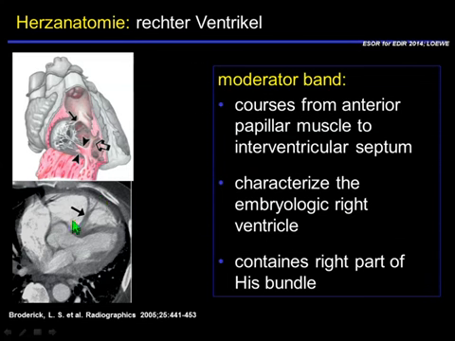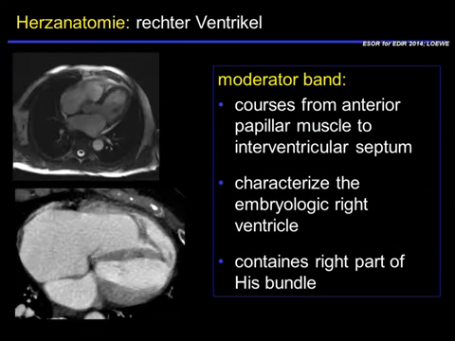So you are able to identify the right ventricle from a morphological point of view by the identification of this large structure here, which is the moderator band. It characterizes the embryological right ventricle, and it courses from the anterior papillary muscle to the interventricular septum. So here is another enlarged right atrium and right ventricle, and here this really impressive moderator band, so it's obvious this is the right ventricle.